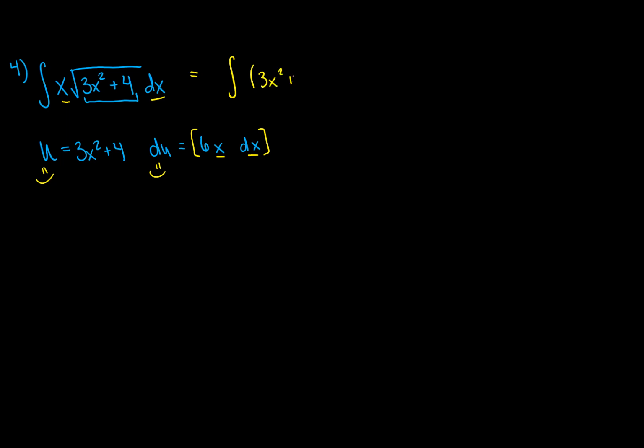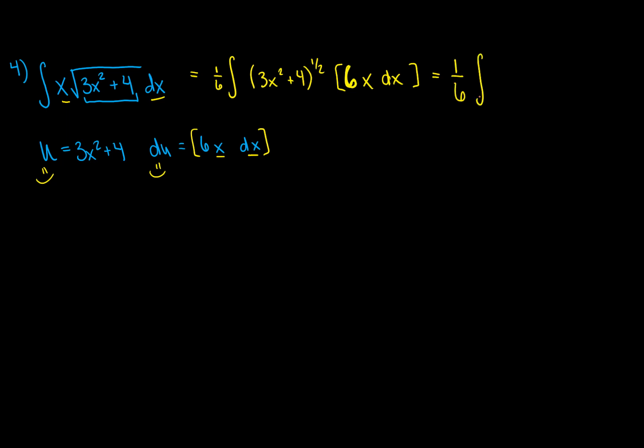So I'm going to write this as the 1/2 power. I'm going to create my du bracket here. I'm going to move my x and my dx into my du bracket, and then I need a 6 here. So I'm going to compensate for 1/6. Remember, I can't compensate for missing variables. If a variable is missing, you need to pick a different u.